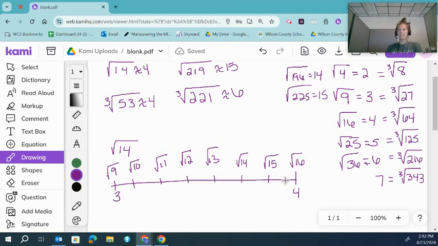That is the number that would be our denominator. It's the number that makes up the whole. In this case, it's 7. And again, this number falls between 3 and 4, so 3 is going to be that whole number. So the square root of 14 is 3 and then something out of 7.